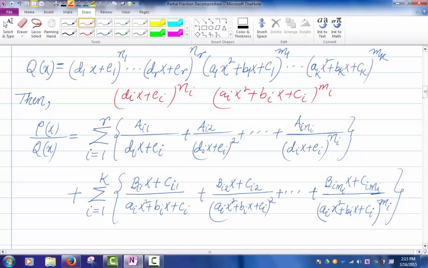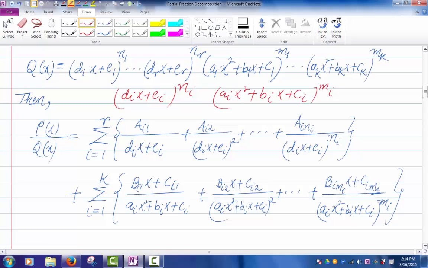So what would be the contribution of this factor in the decomposition? Here is the contribution of just this linear factor. In the decomposition for the linear factor dix plus ei to the ni, the contribution you're going to get is the following. You are going to get ni different fractions. In each one of them, the denominator will be a power of the linear factor.